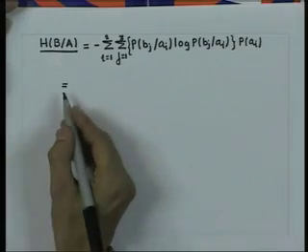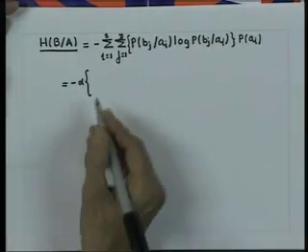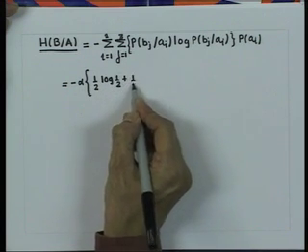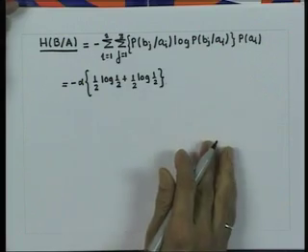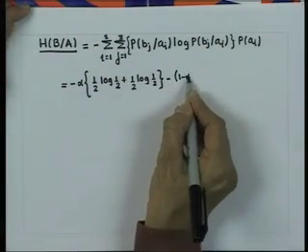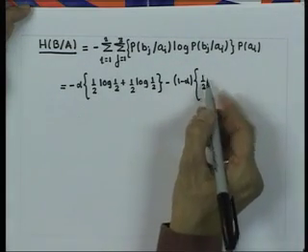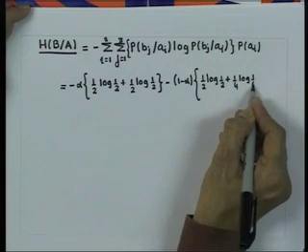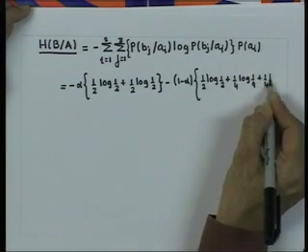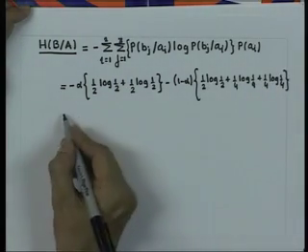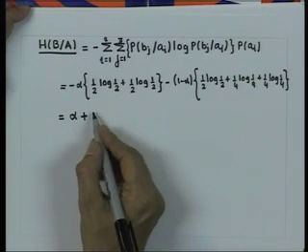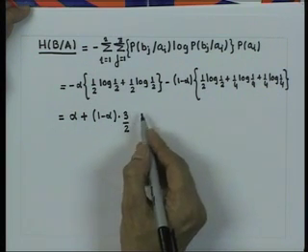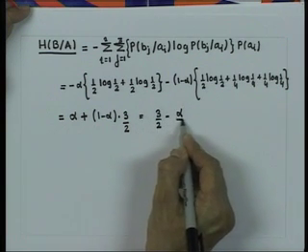For the given channel matrix, we can show that this quantity is equal to minus alpha times (half log half plus half log half) minus (1 minus alpha) times (half log of 1 by 2 plus 1 by 4 log of 1 by 4 plus 1 by 4 log of 1 by 4), and this can be simplified as equal to alpha plus (1 minus alpha) times 3 by 2, which is equal to 3 by 2 minus alpha by 2.